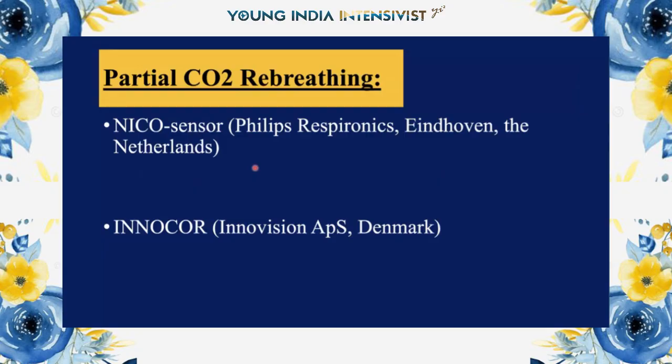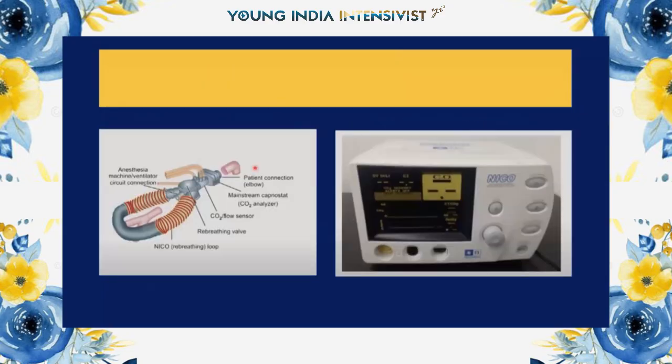Since it is very cumbersome to take direct sampling from all those places, we have started using CO2, and that too avoiding invasive methods, because now we have EtCO2. We assume there is an equilibrium between your PaCO2 and EtCO2, and we calculate that from the carbon dioxide dissociation curve through these devices.